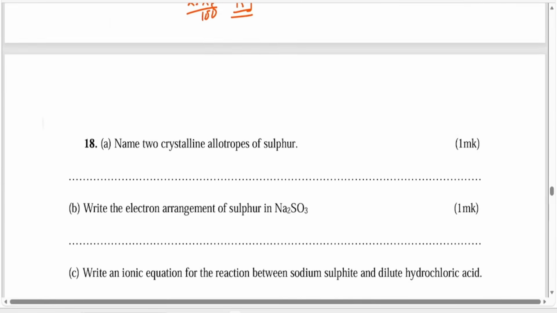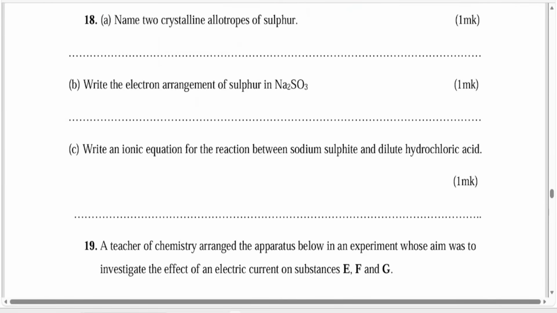Let's move to the next question. Name 2 crystalline allotropes of sulfur. We have 2 main crystalline allotropes of sulfur: rhombic sulfur and monoclinic sulfur. Rhombic sulfur we also call alpha sulfur, and monoclinic sulfur we also call beta sulfur.